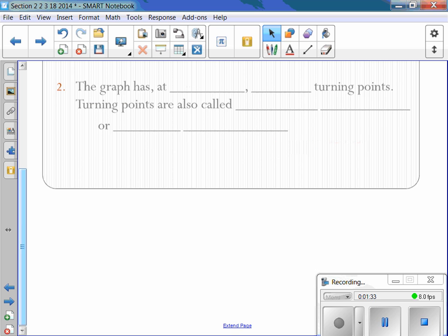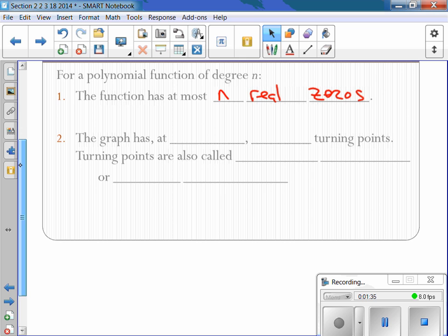At the same time, if we look at the graph of this polynomial function of degree n, it has, again, at most, n minus 1 turning points. What is a turning point?